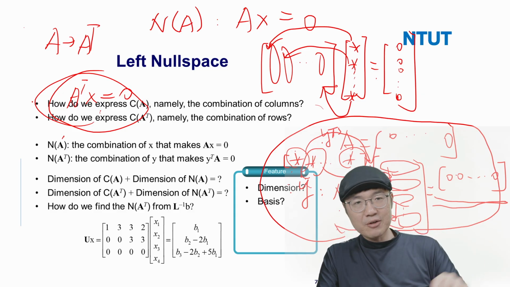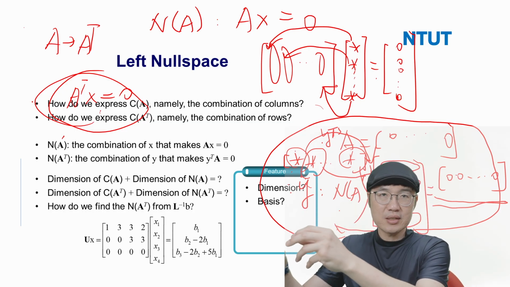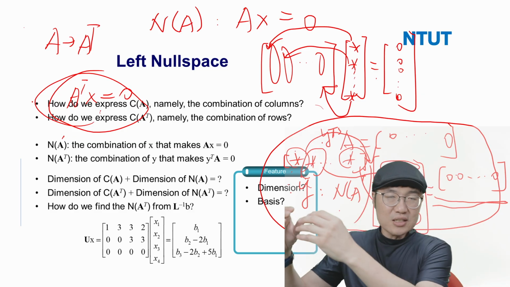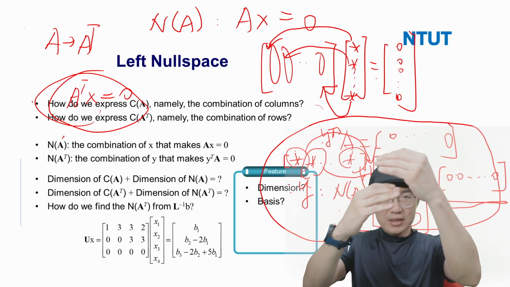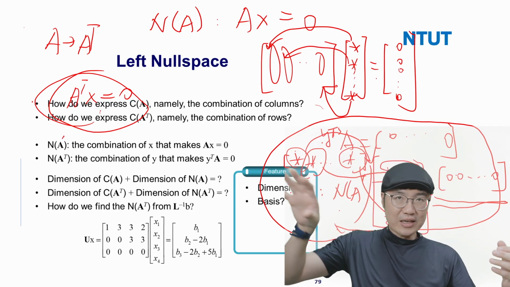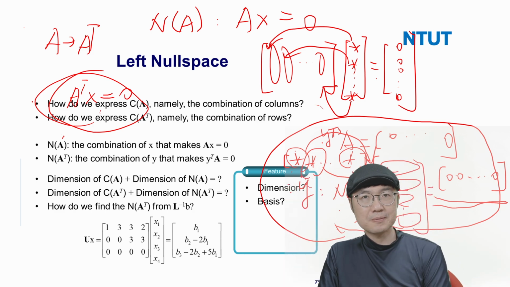It's zero everywhere. If we can find the coefficients that make such a zero row, these coefficients show how the combination of all the rows generates zero, and the coefficients fulfill the definition of left null space.